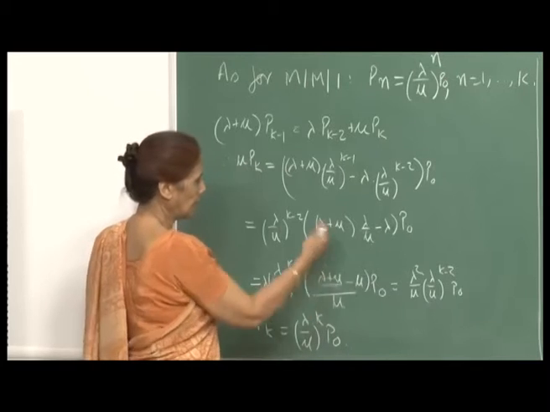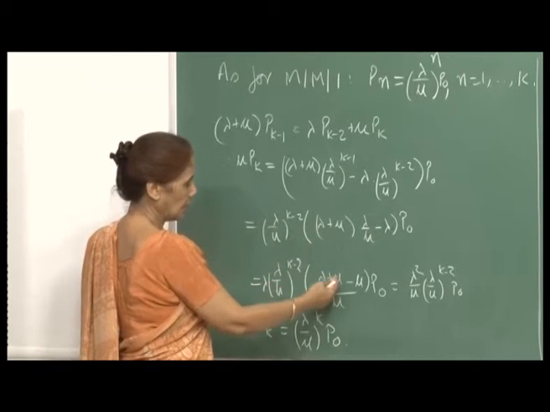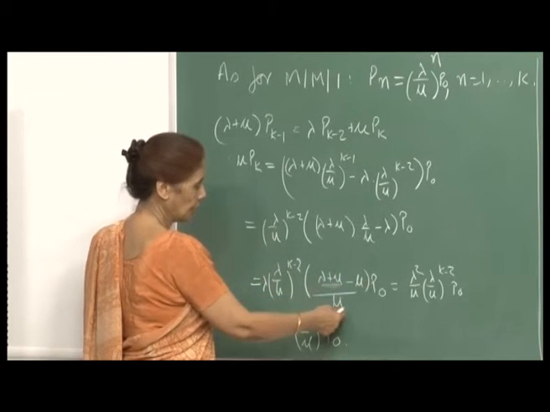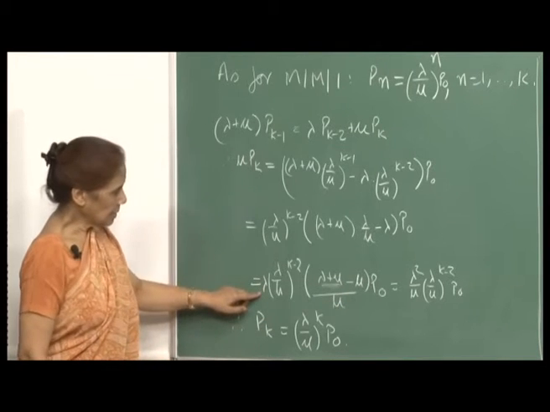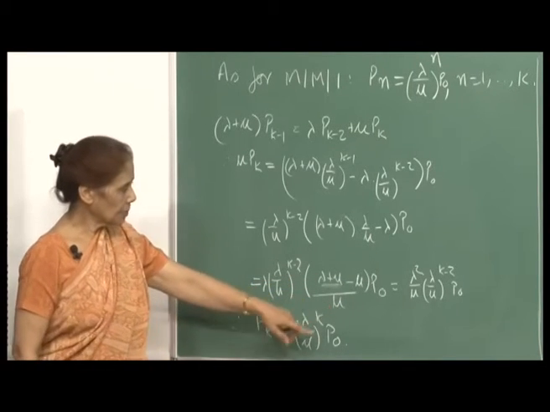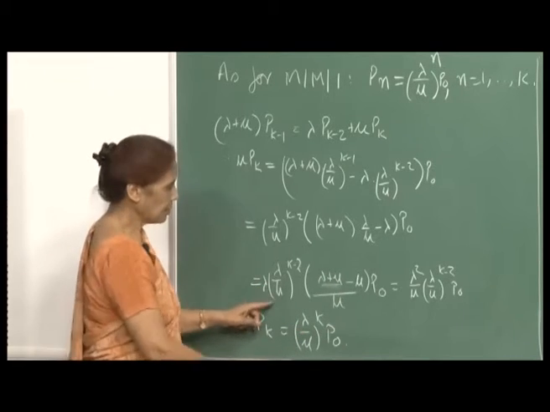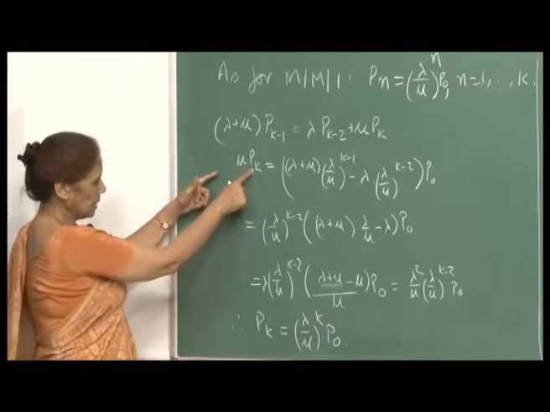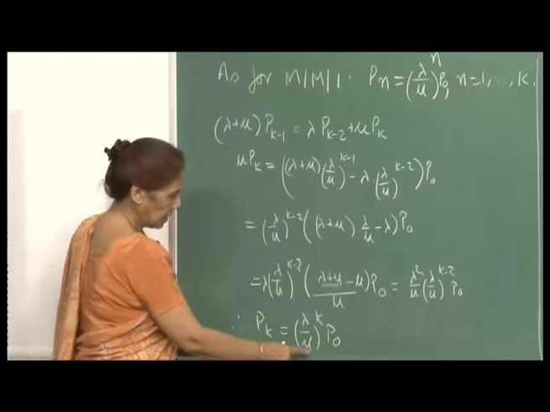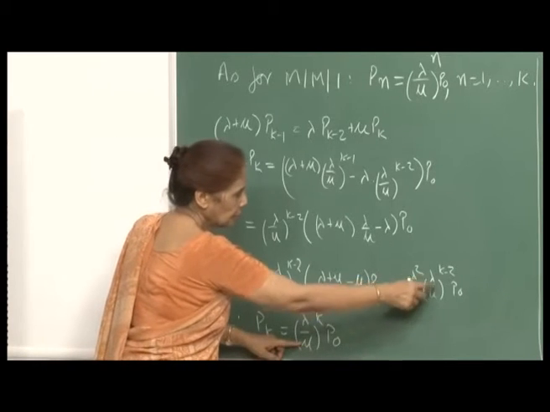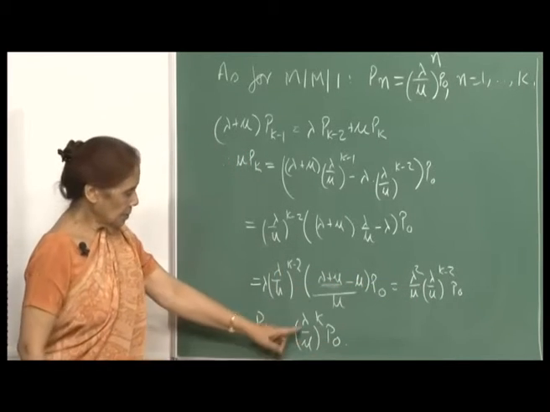Lambda you can again take outside. So, it will be lambda plus mu minus mu, by mu, lambda is outside here. So, this gives you a lambda by mu and therefore, this becomes lambda square by mu, but then you have a mu P k here. So, therefore, P k will be lambda by mu raised to 2 into lambda by mu raised to k minus 2. So, the whole thing is there.